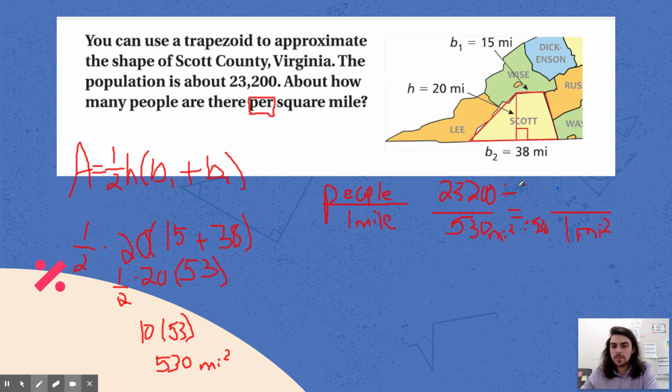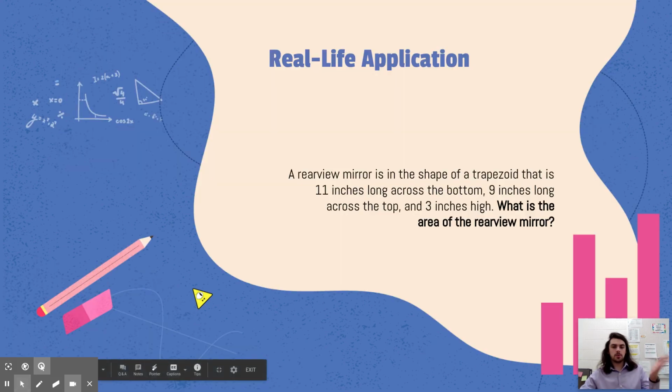If I divide the top by how many miles there are, that's going to tell me how many people there are per square mile. So there's about 43.77 people. But we can't really have 0.77 of a person, so we're going to round up to about 44 people per square mile. All right, so let's clear it out, and I want you to try this one.